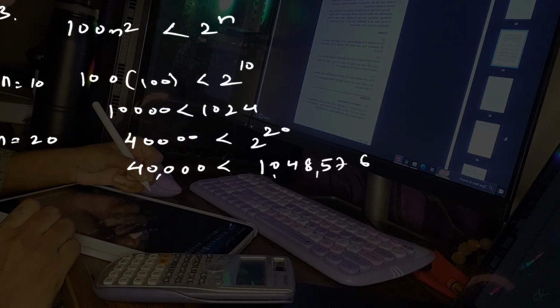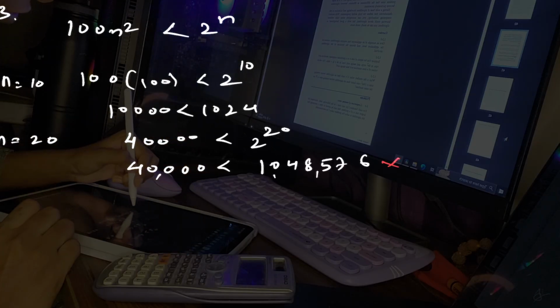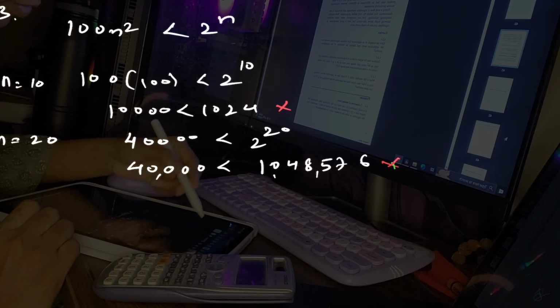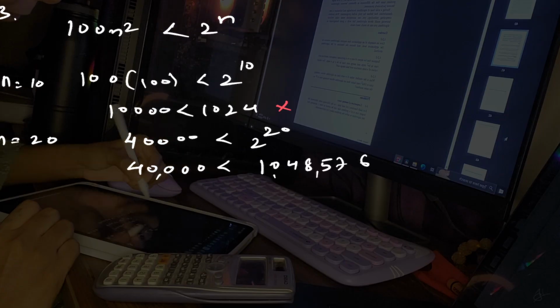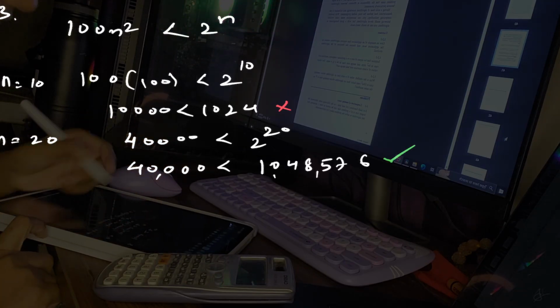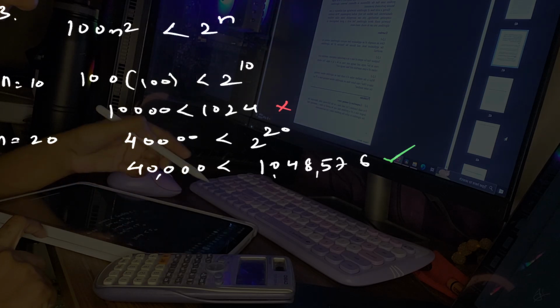Okay, so this is not less. I mean, this is less, sorry. I was meaning that it is not less, but yeah. This is less, so we might have a value in between.